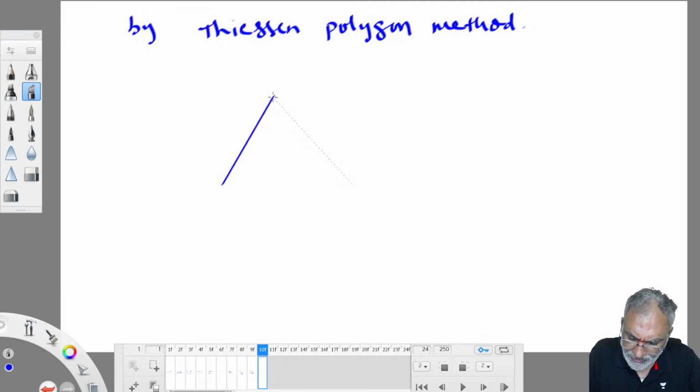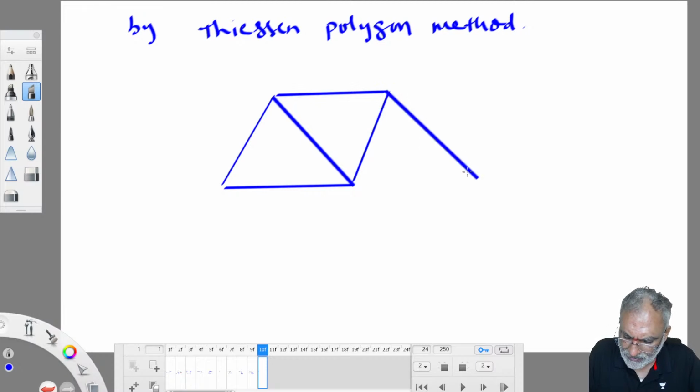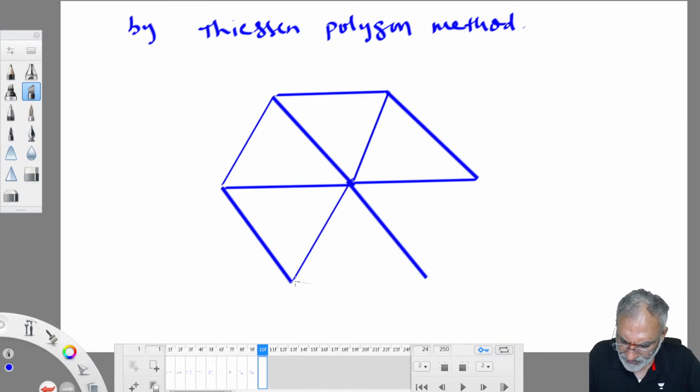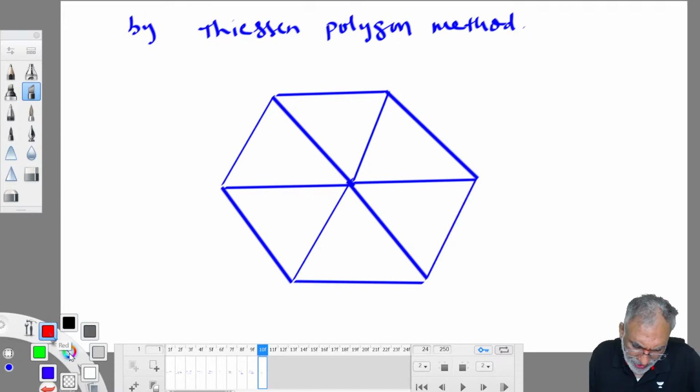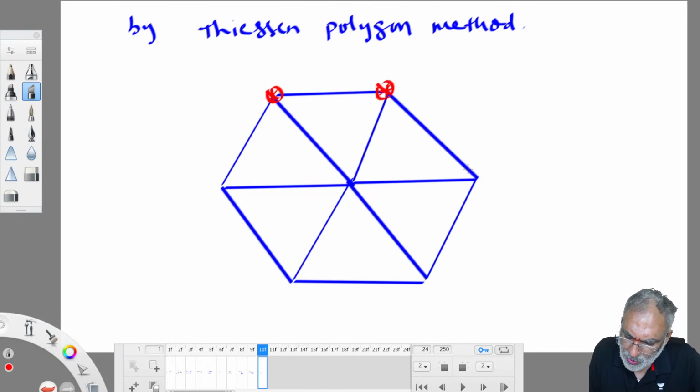This is one equilateral triangle, 2, 3, 4, 5 and 6. Rain gauges are located one at each corner: 1, 2, 3, 4, 5, 6. One more at the central station. Central station is the 7th station.